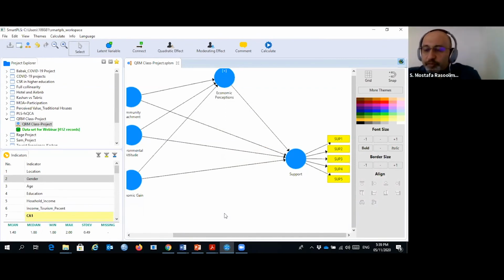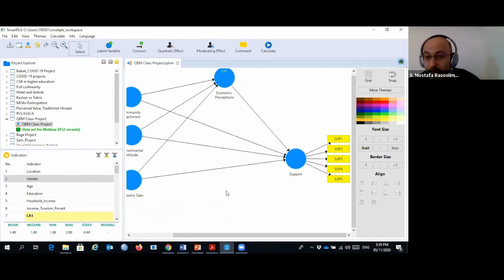So let's go to the software and see how we can run MGA. For example, for this model, we want to test the difference between all relationships, direct and indirect, between male and female.